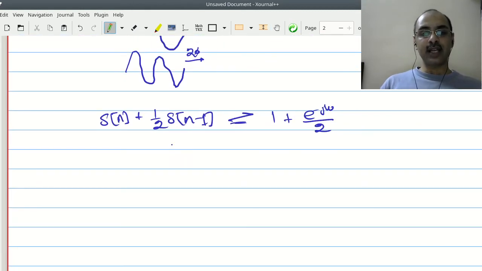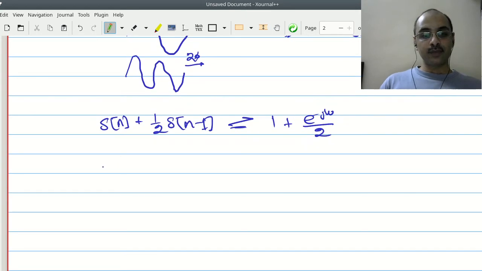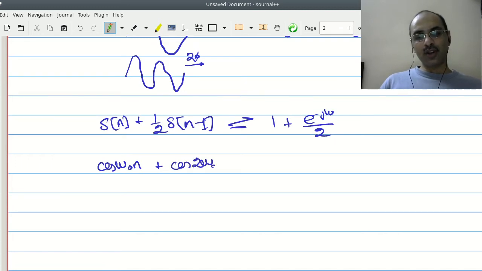Let us actually take the sequence cos omega naught n plus cos 2 omega naught n, and I'm going to assume that omega naught is less than pi by 2.